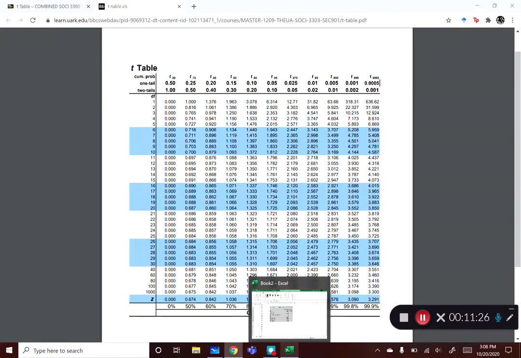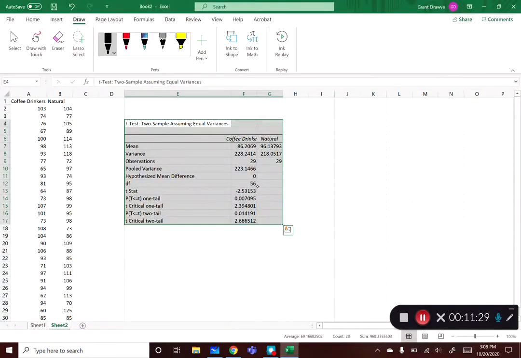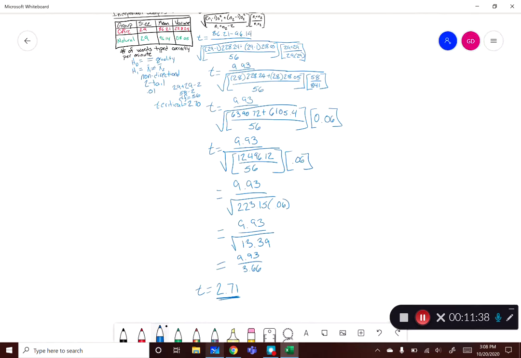So from that, if we come back in here now, and this is 56, and if you looked at here, it was two tail. So our critical value for 56 was 2.67. So even when we have that, if we use the Excel for that, it was 2.67. We're still greater than our critical value. So our obtained, so here we can say there's a significant difference in the mean number of words typed correctly per minute between natural and coffee drinkers.